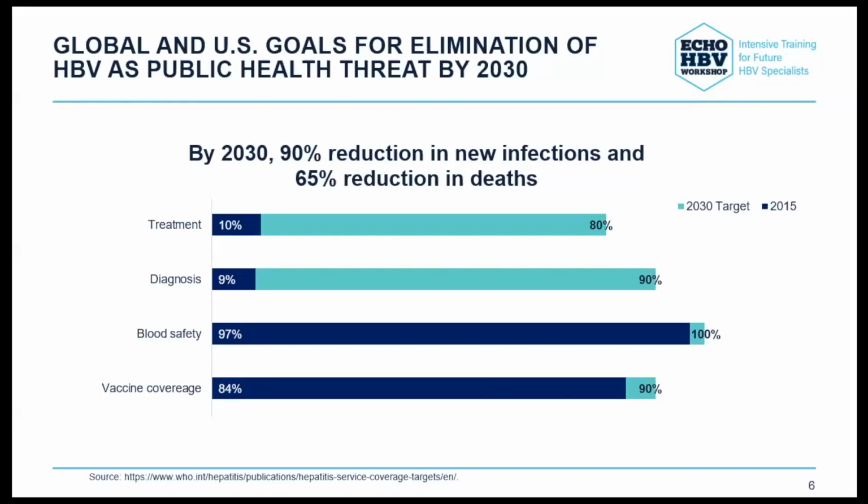Because every year, we estimate about 800,000 people die of liver cancer associated with hepatitis B. So this is a very important topic, and we need to understand who is at risk and how to screen them. Identifying patients is the first step to reduce new infections and potentially offer them treatment to reduce death.